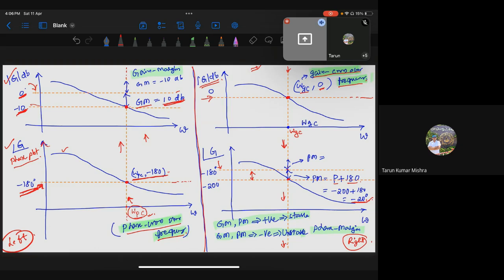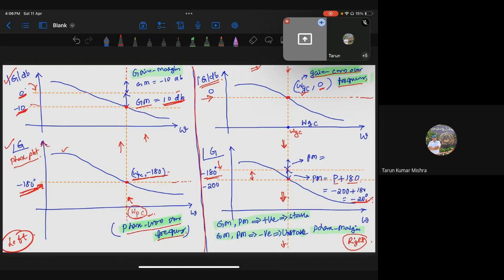So now this is called the phase margin. We calculate the phase margin by drawing the 0 dB line, finding the gain crossover frequency, and extending that line down. Then we check against the minus 180 degree line.